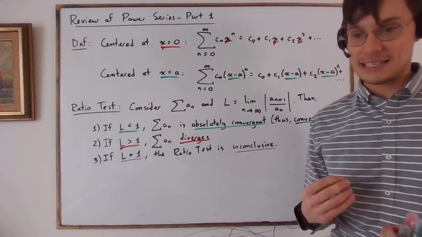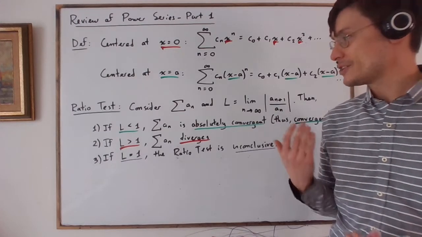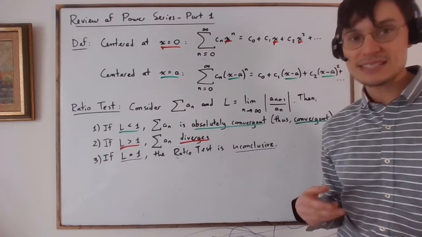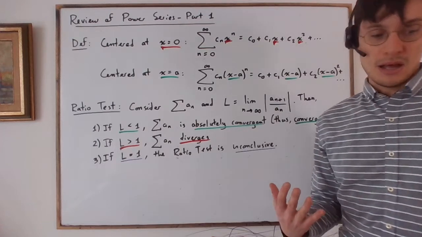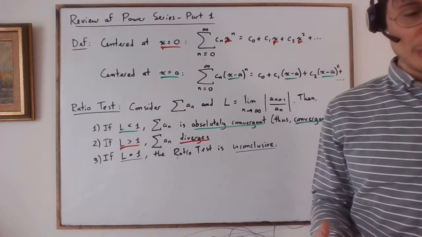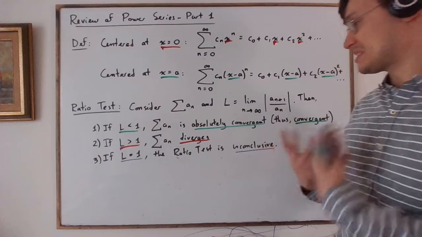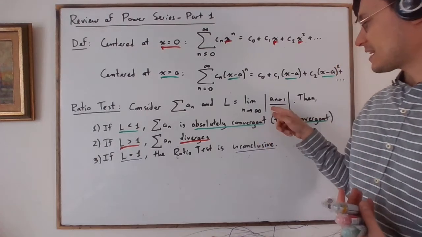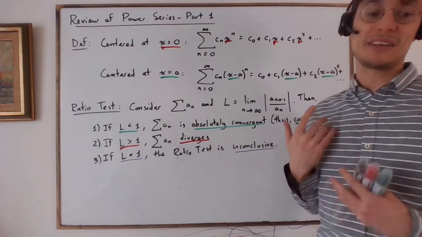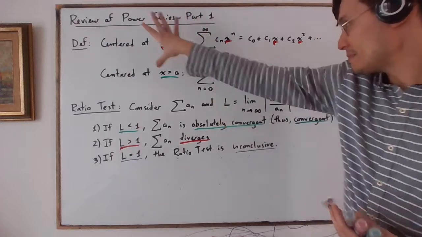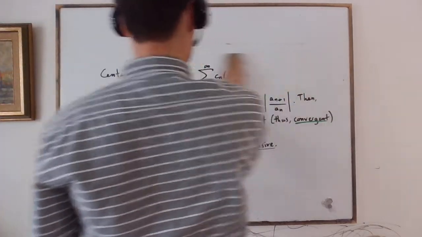Now there's another test. I call this the younger sister of the ratio test. It's called the root test, which has the same premise, the same theorem, let's say, but instead of calculating this limit, we calculate another limit. So now let me erase this in order for me to write the root test.